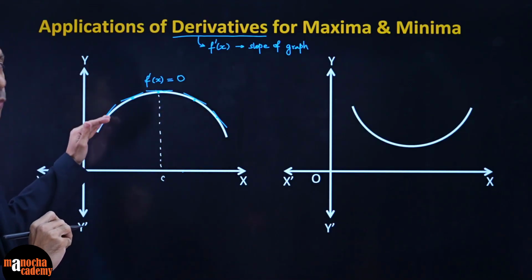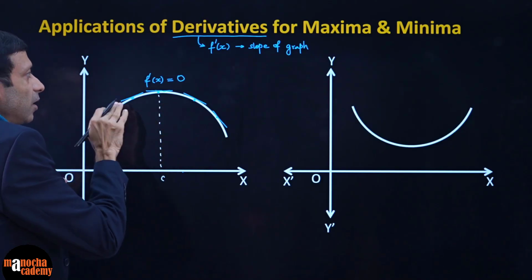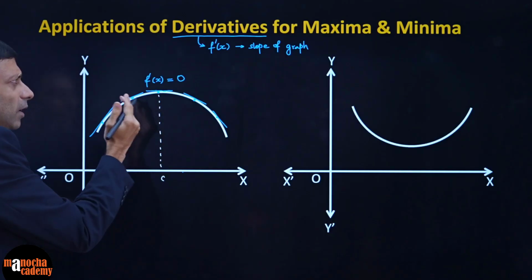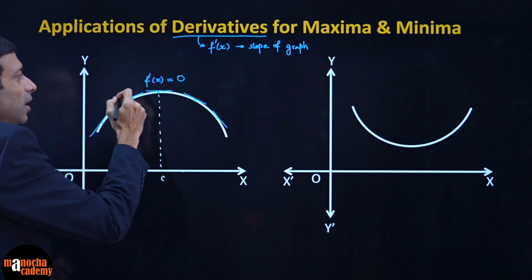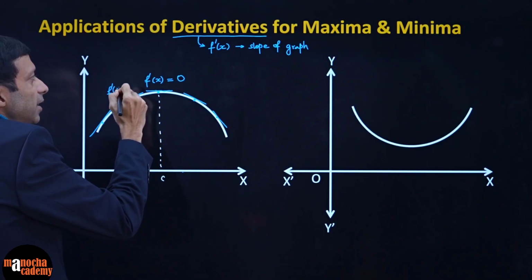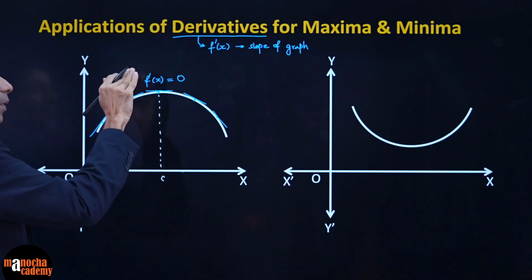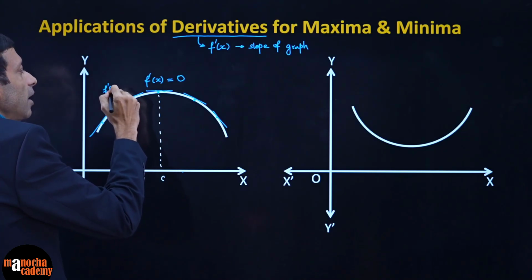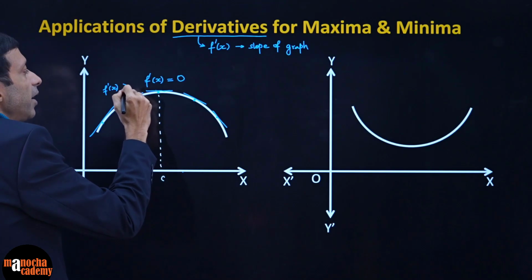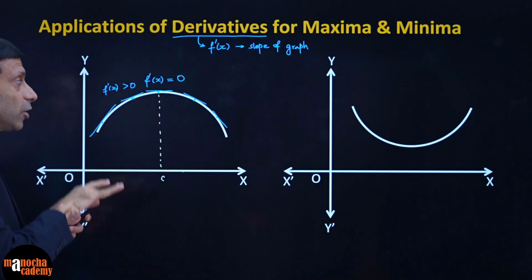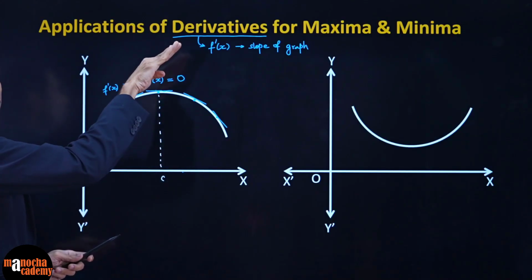Now if you look to the left of it, what does the slope look like? Again, we look at the local part, close to this. In this region it is sloping up this way. I don't know the value, but I can confidently say that f dash x is greater than 0, because when it slopes up like that, it has a positive slope.